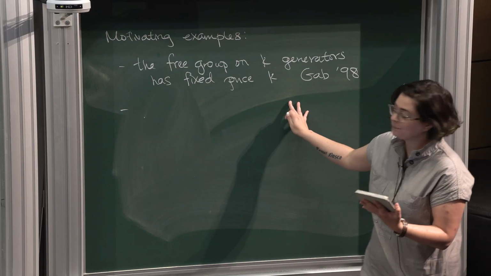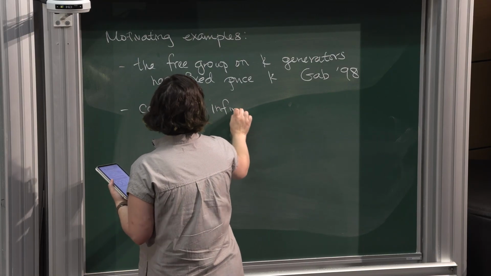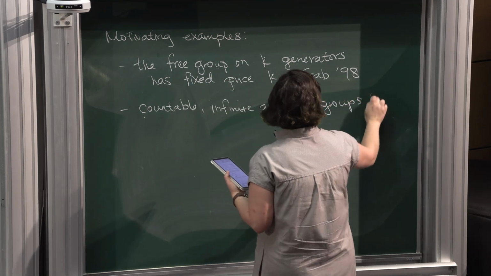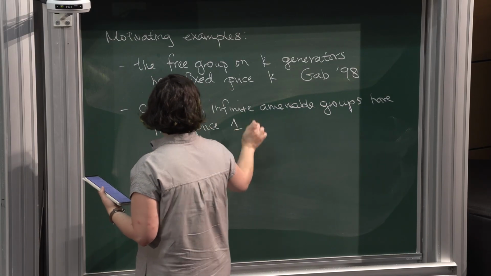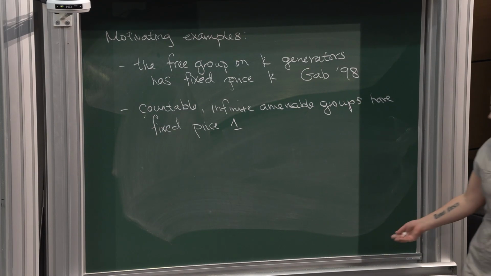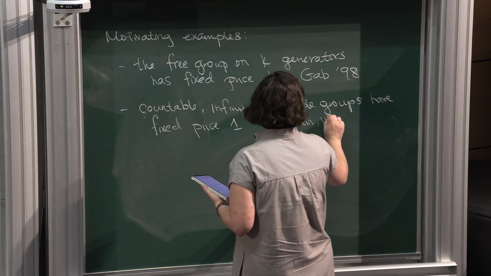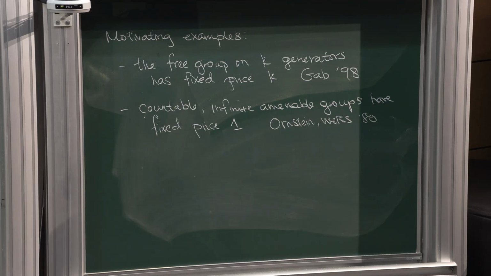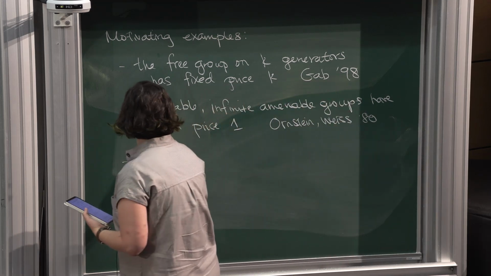But then, maybe more surprising, any countable infinite amenable group has fixed price 1. This was proven before cost was defined, by Ornstein and Weiss in 1980.